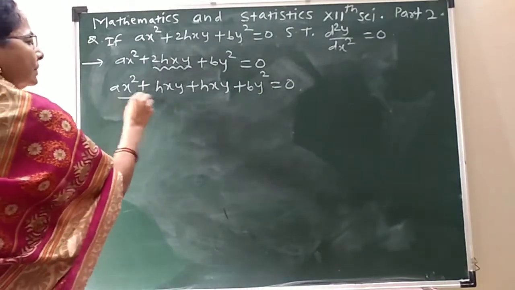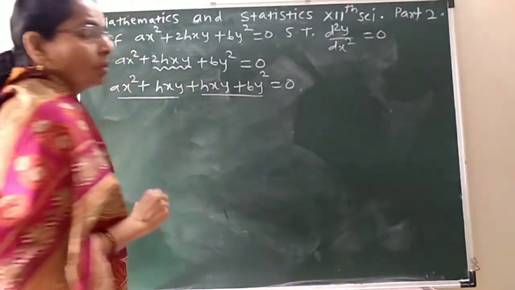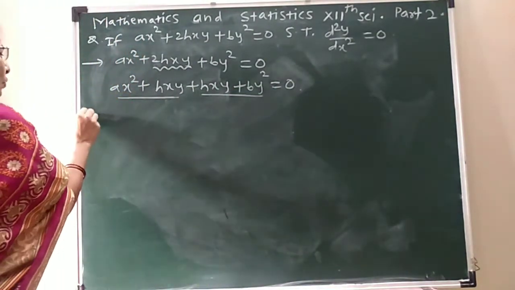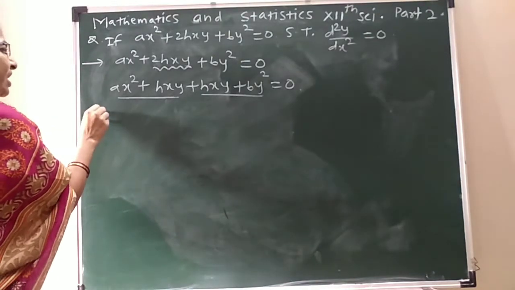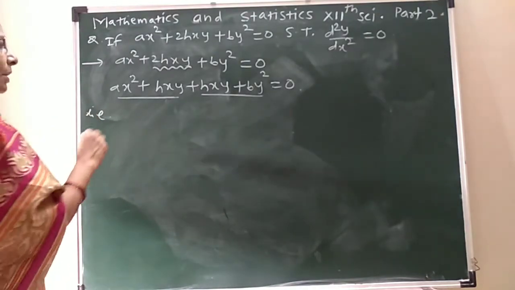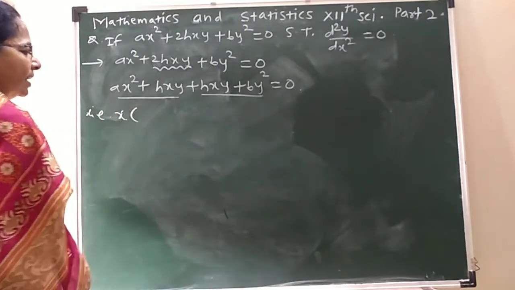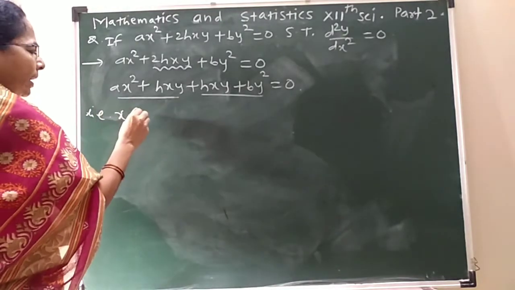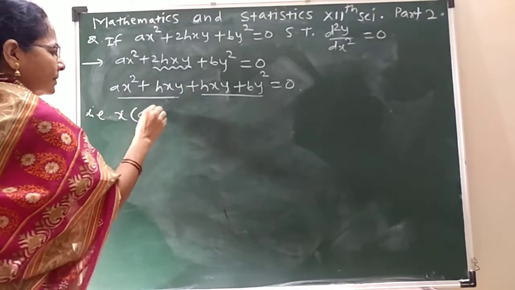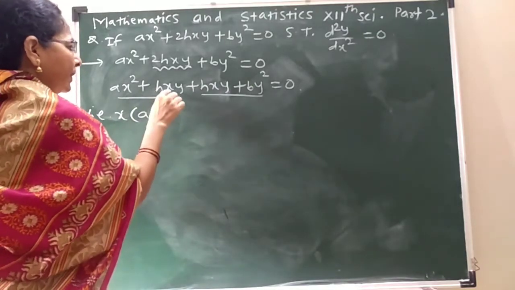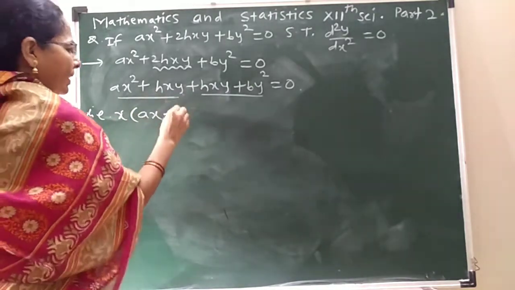Next take these groups. In the first group we see x is common, so take x common, a remaining, x plus, outside, hy.